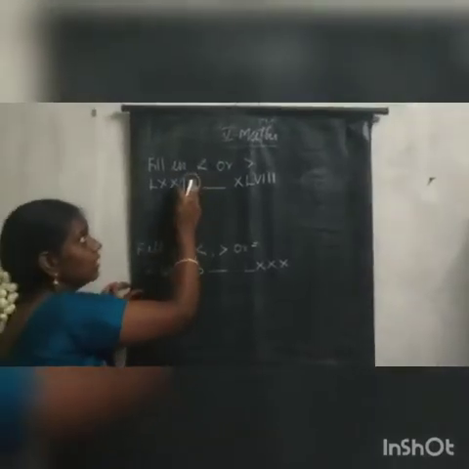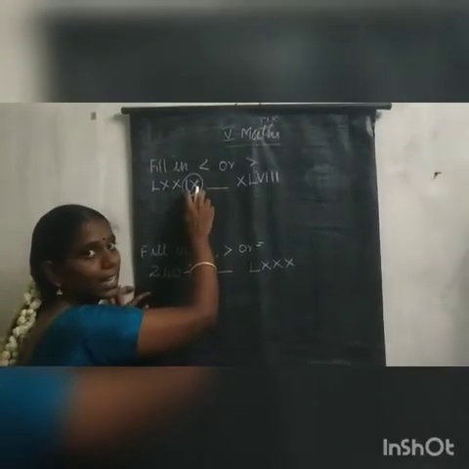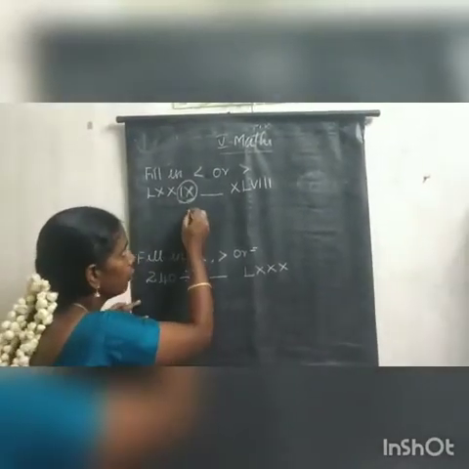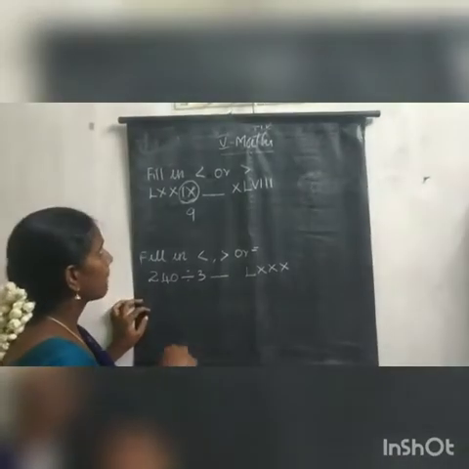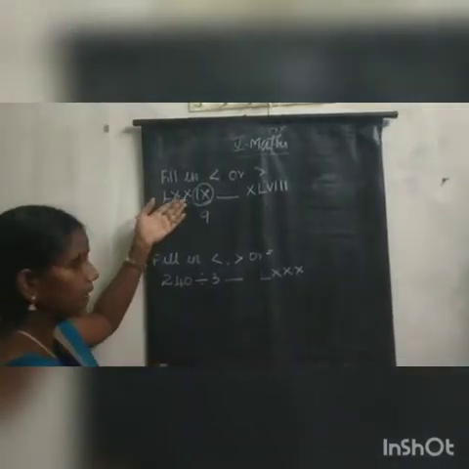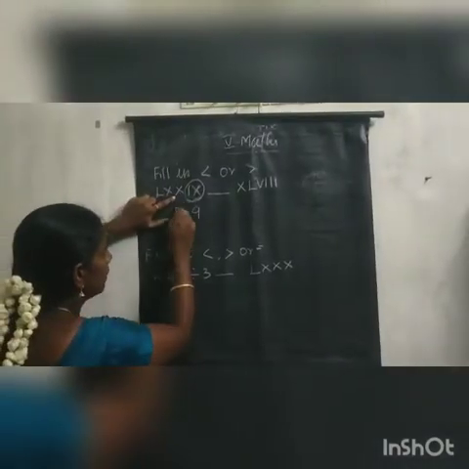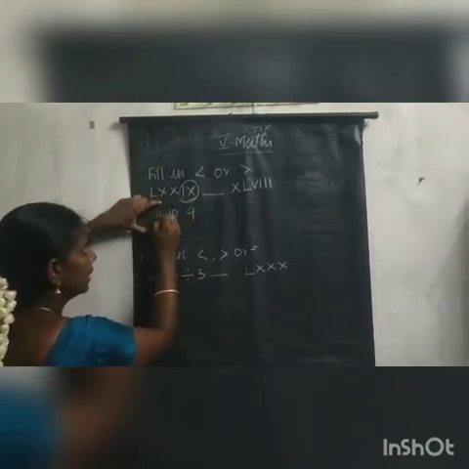Inside the circle what do we have? That is 1s. This represents number 9. So first fill it up. Now come to the previous one. See, this represents number 10. This represents number 10.